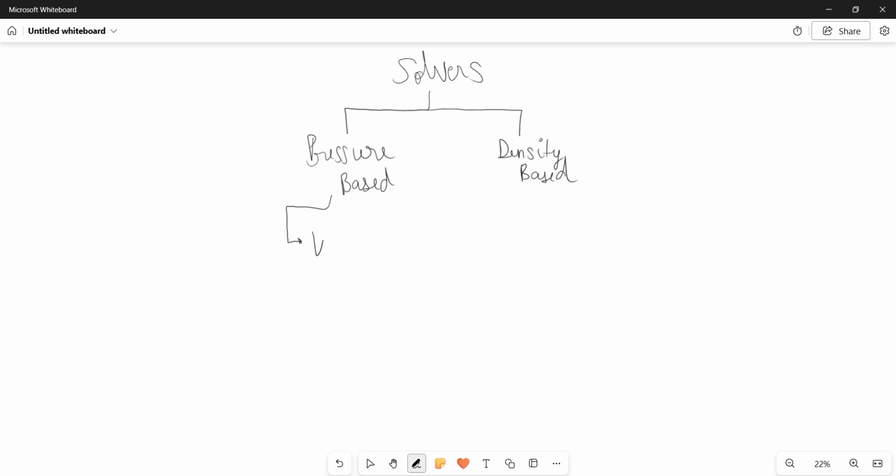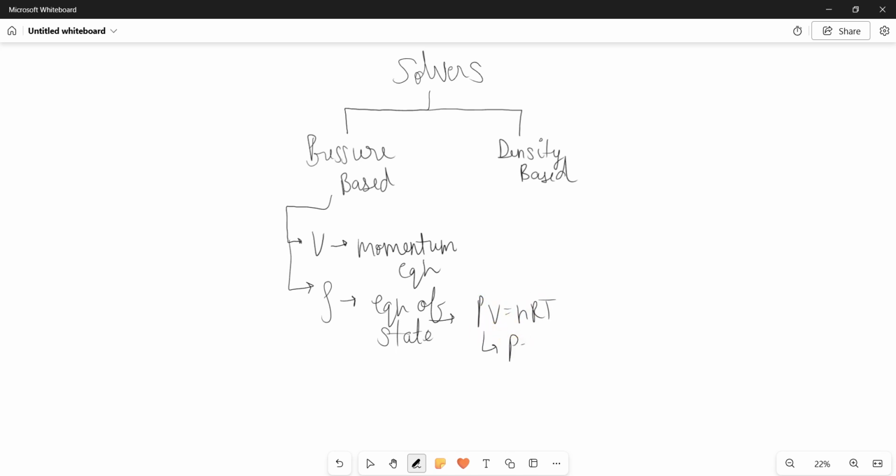Here your velocity is calculated from the momentum equation. Then density, rho, comes from your equation of state. If you don't know what equation of state means, it's technically PV equals nRT, which you can write as P equals rho RT.